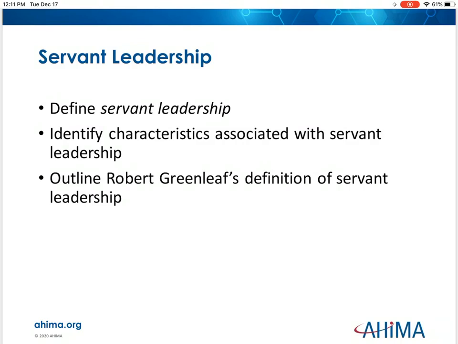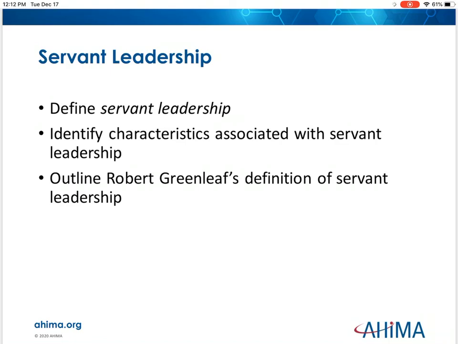These are going to be found in Canvas, and so my suggestion to you is to use the PowerPoint. Again, it's not necessarily the same type of PowerPoint that you have experienced in the past. It's very basic and more along the lines of leading you through the chapter instead of actually informing you or giving you information.